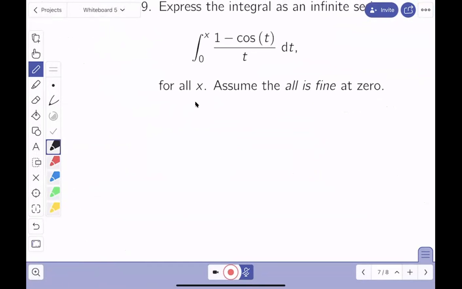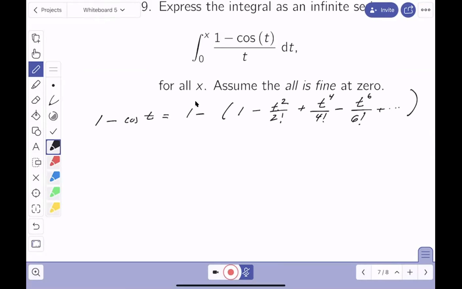Okay. So the first thing I want to do is the top, which is 1 minus the cosine of t. And then we'll divide through by t. What's a cosine? It's going to be 1 minus t squared over 2 factorial plus t to the 4 over 4 factorial minus t to the 6 over 6 factorial, yada, yada, yada.